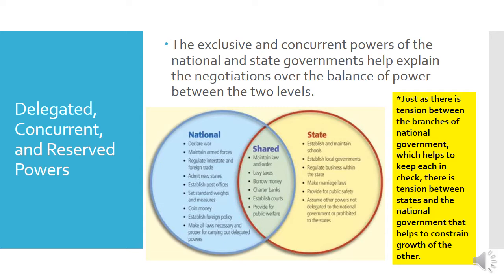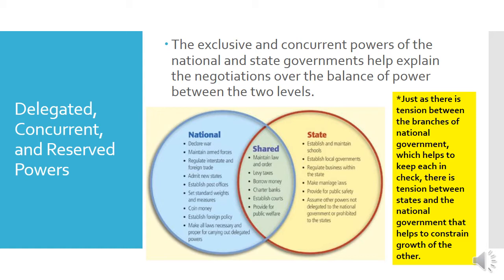Just as Madison talked about tension between the different branches of national government, which is the reason why they had separation of powers and checks and balances, there's also this tension of power between the national and state governments. They understood that both levels would inevitably try to amass as much power and authority as they could, but the other one would be waiting there to constrain them. So they're taking advantage of human nature.